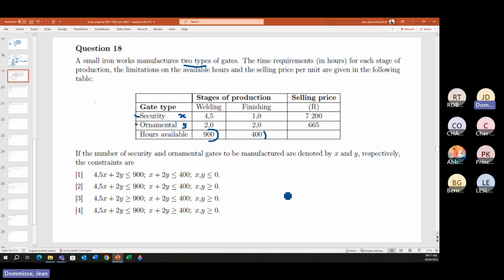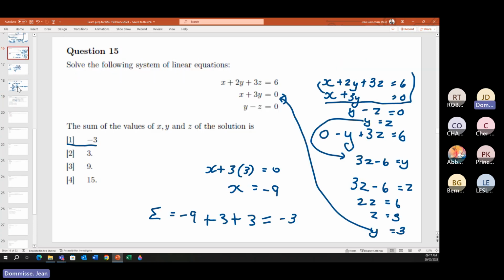Okay, so the first thing I would look at, and we've seen it with all our questions, is that they give us X and Y bigger than 0. Let me quickly go back to where was this.